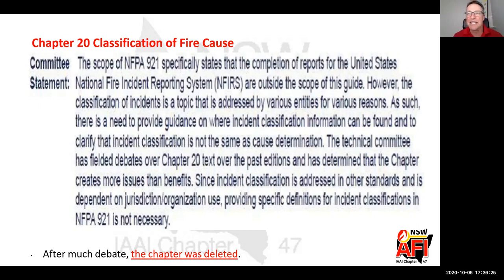So it means that the biggest problem is that the whole reason for bringing 921 in over the years is to use the scientific method, because before that, what were they using? So they're trying to bring the science back into it: using the scientific method for origin and then using the scientific method for cause.